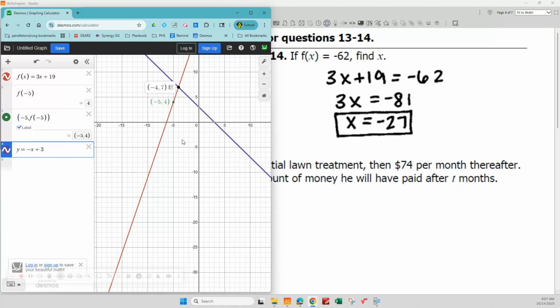So could I use that functionality to trick Desmos into giving me the ordered pair that I want, which is when y equals negative 62? Is there a different function I could input other than the y equals negative x plus 3 I just made up? Is there one whose intersection would be useful to me? Any ideas?